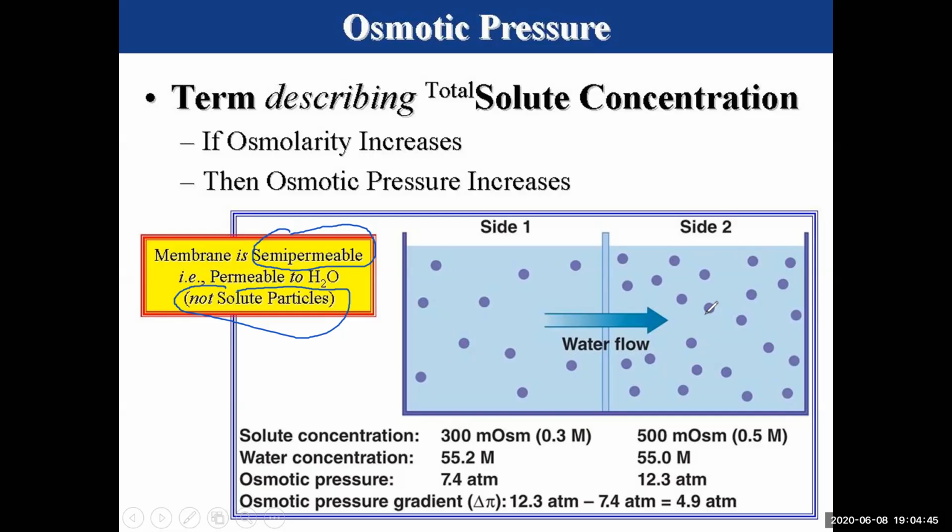You're going to say, whoa, whoa, whoa, the gradient definition is high to low. It's true. Water is moving from a higher water concentration to a lower water concentration. So it's not violating anything.